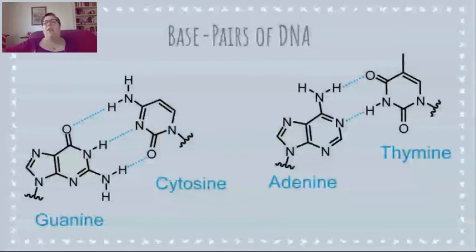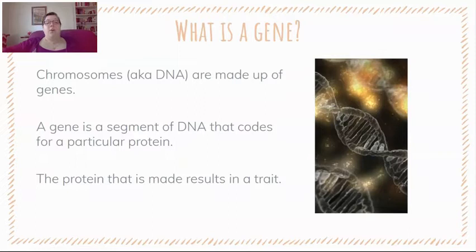And that's very important because that starts to allow us to build a code that is going to control what an organism is able to make out of protein. So we can break DNA down into the sections that code for different proteins.